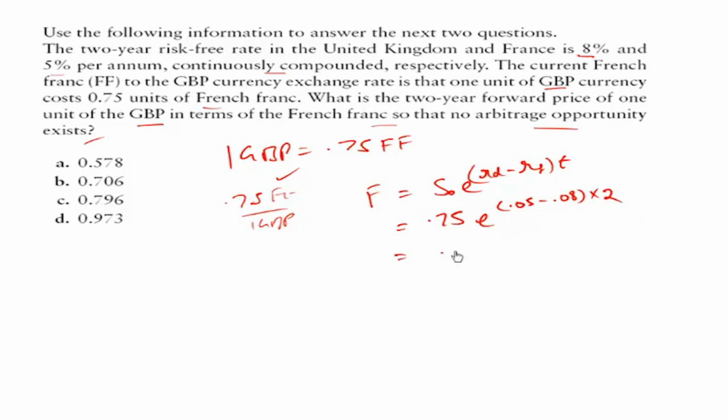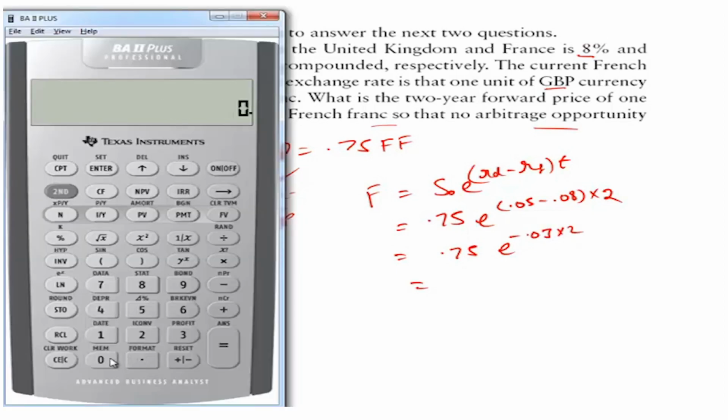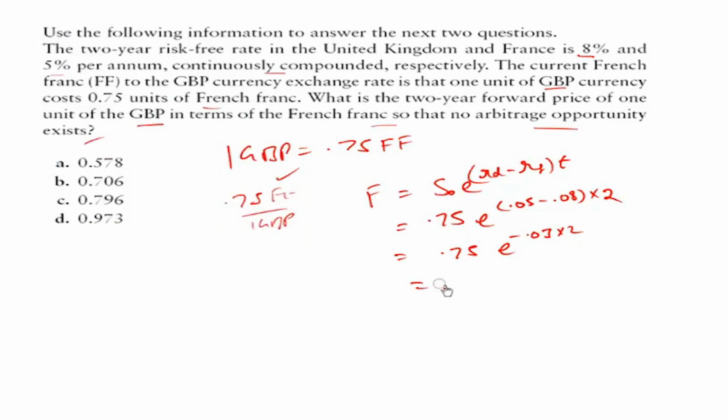So the fair forward rate will be 0.75 times e raised to power minus 0.03 times 2. That will come out to be minus 0.06. Press the plus minus button, second ln, multiplied by 0.75, that is 0.70632.